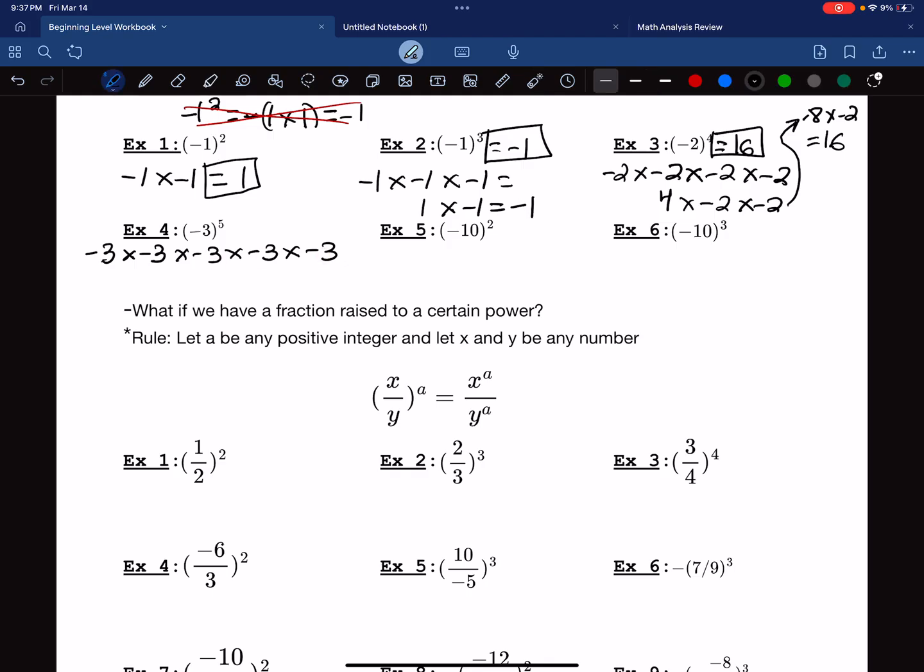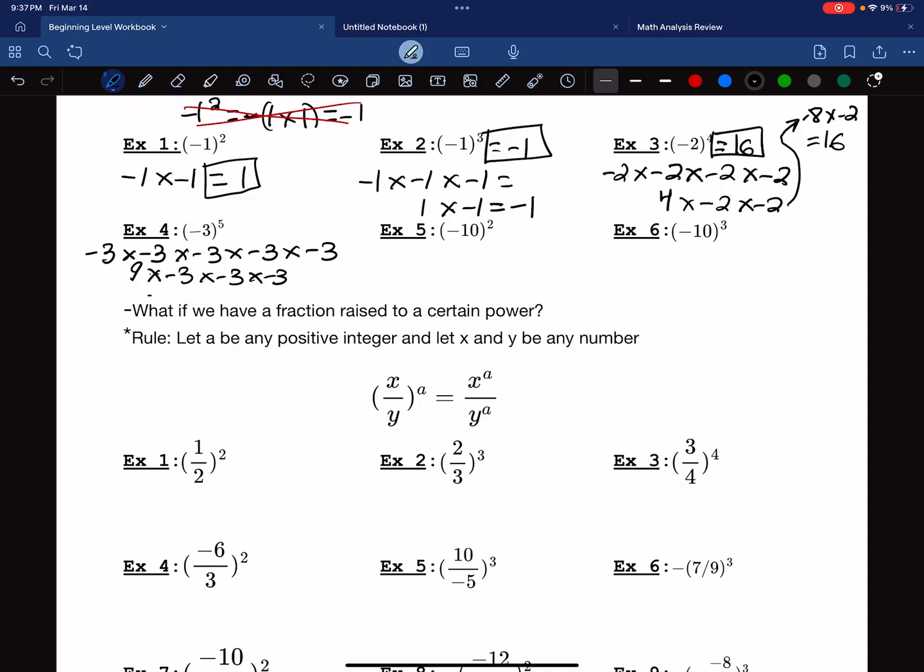Okay. So negative 3 times negative 3 is going to be positive 9. And then we're going to have this. We're going to have times negative 3 times negative 3 times negative 3. And then from there, we're going to do 9 times negative 3, which is negative 27.